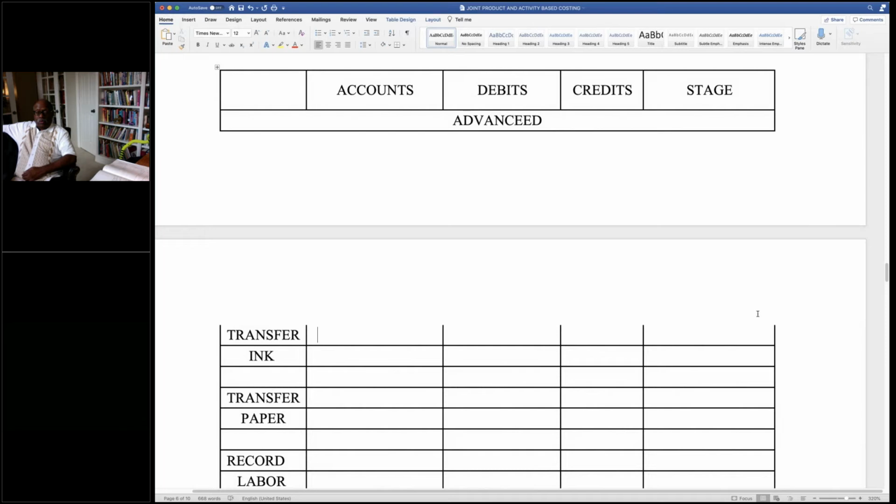We're gonna multiply the amount that he told us that they used for the advanced book, which was 30,000 for the ink.